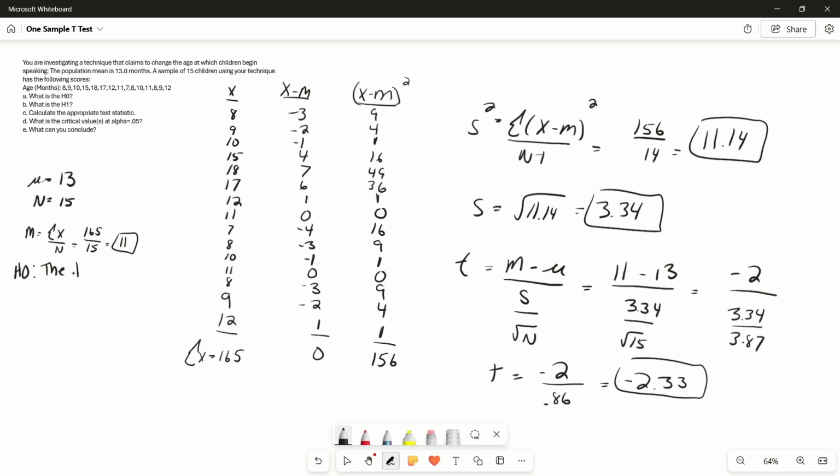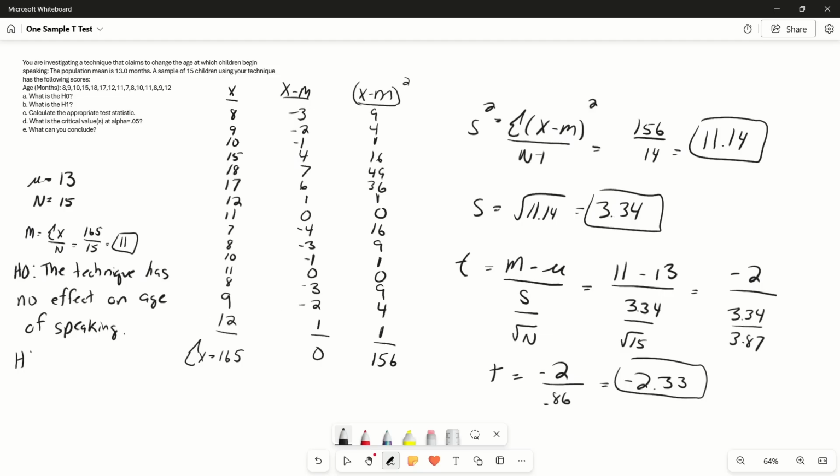So I say the technique has no effect on age of speaking. So basically, the technique does not influence the age of speaking. There's no difference between the new technique and the historical average, which was 13 months, the age. So there's no difference in age.